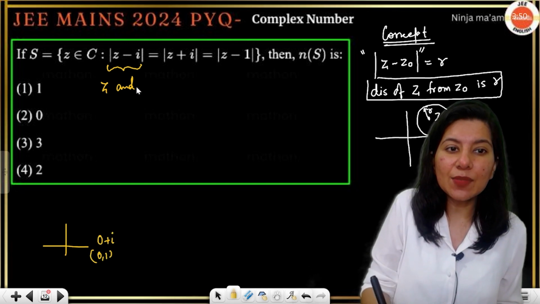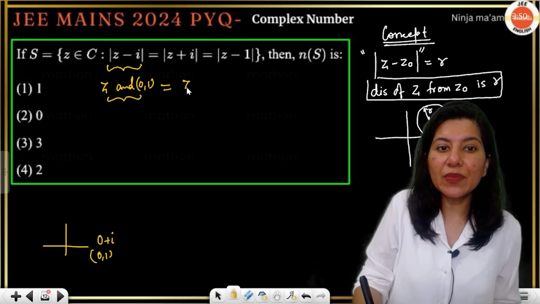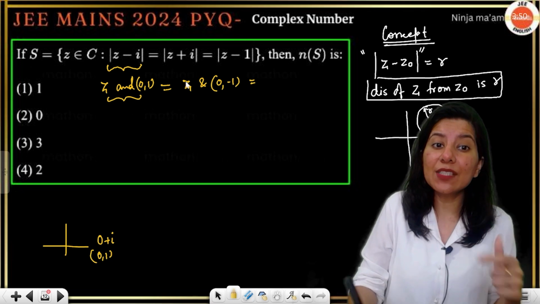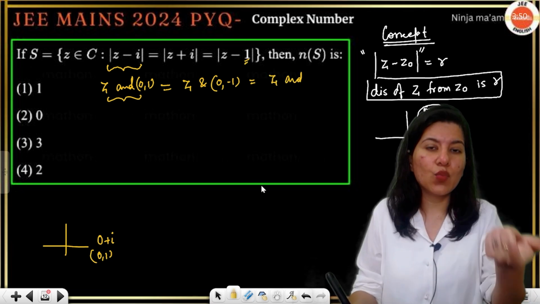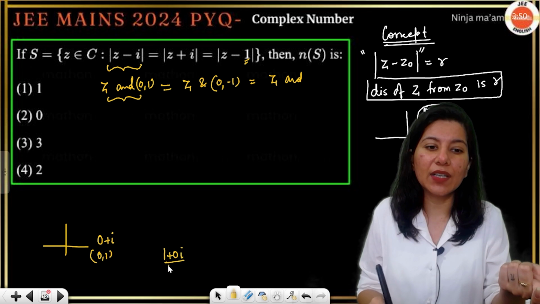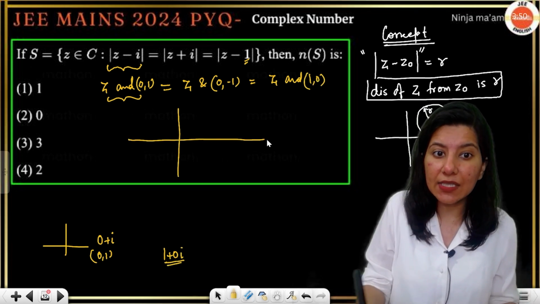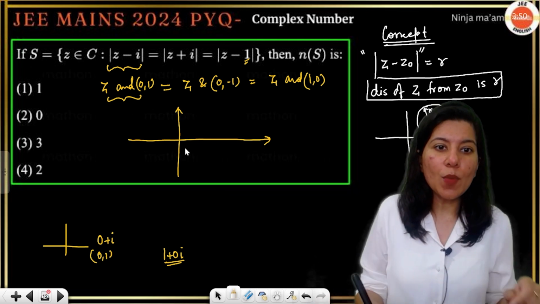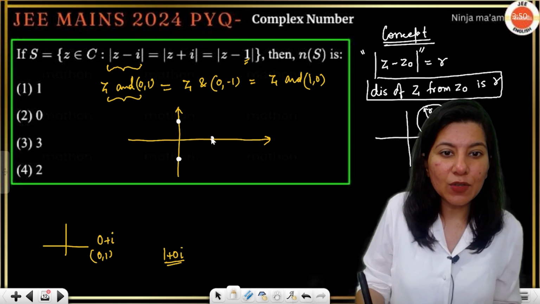So the distance between z and (0, 1) is equal to the distance between z and (0, minus 1), which is equal to the distance between z and 1, that is 1 plus 0 iota, so (1, 0). Let's plot these 3 points: (0, 1) is here, (0, minus 1) is here, and (1, 0) is here.